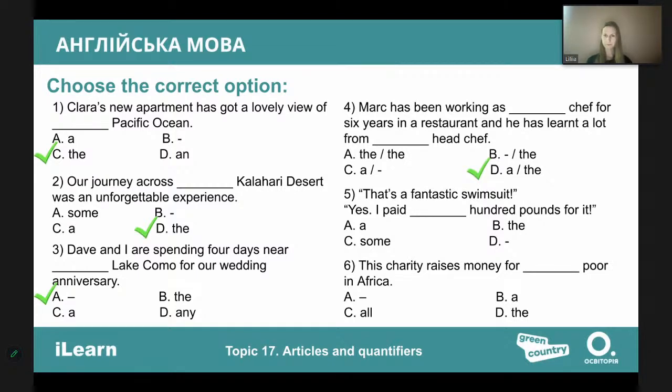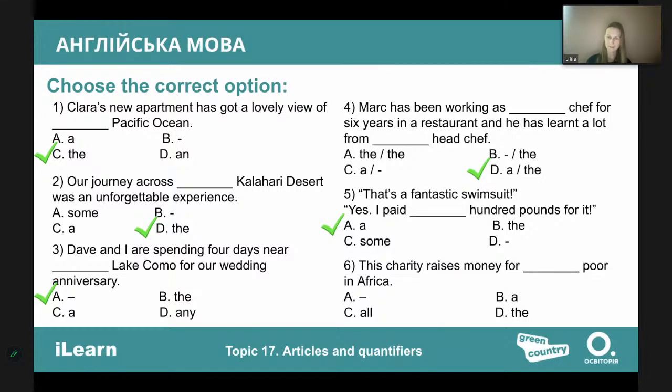Number 5. That's a fantastic swimsuit. Yes, I paid a hundred pounds for it. Number 5. No article. No? Letter A, a hundred pounds for it.